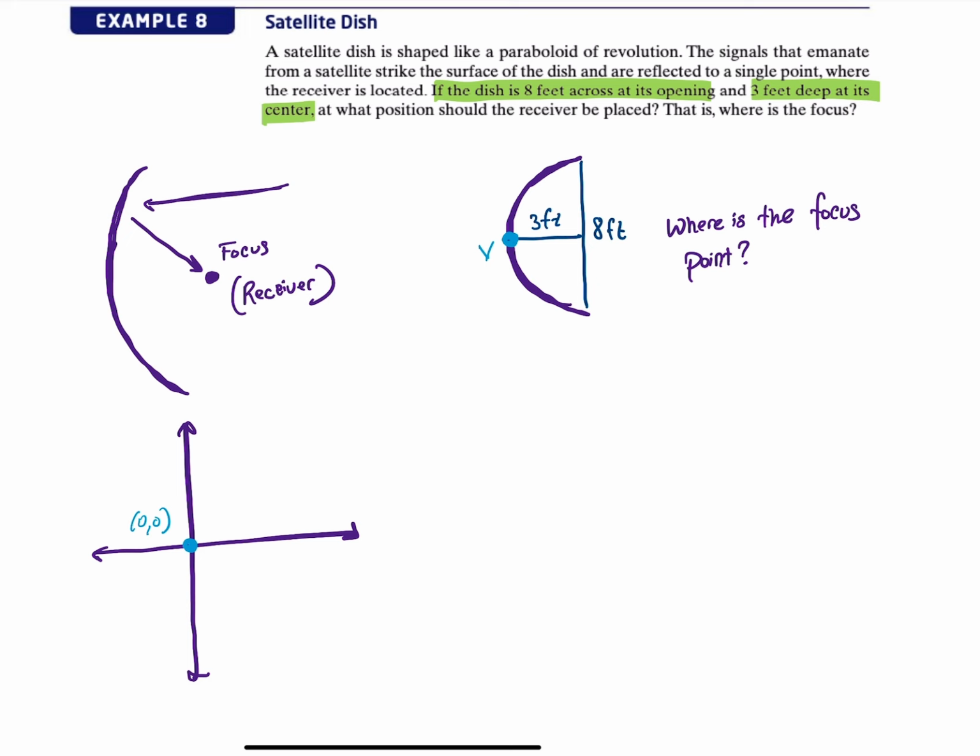If I'm going 3 units out to the right, that's our 3 feet. If I split the 8 feet into 2 distances, this would be 4 feet, and then this would be 4 feet above and below the center. So that means I should have a point at 3, 4. 1, 2, 3, 4, so up here. And 3, -4.